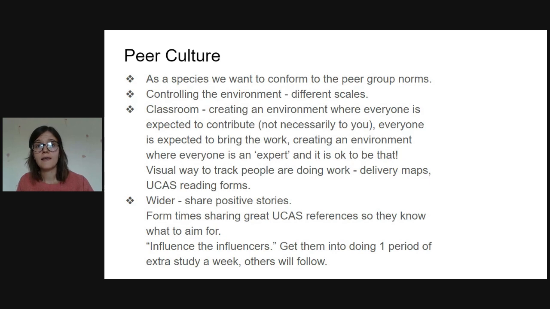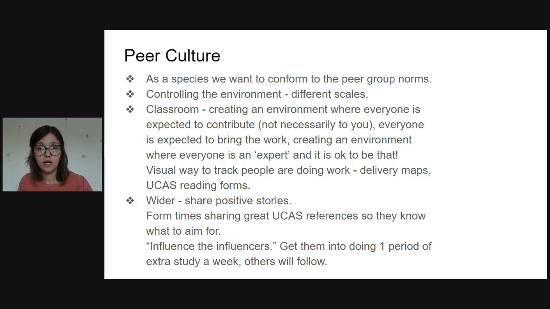In that book, he talks about this idea of controlling the environment. So if we want students at the end of year 13 to be historians, mathematicians, scientists, then we need to create the environment where they can do that. This can be done on different scales.